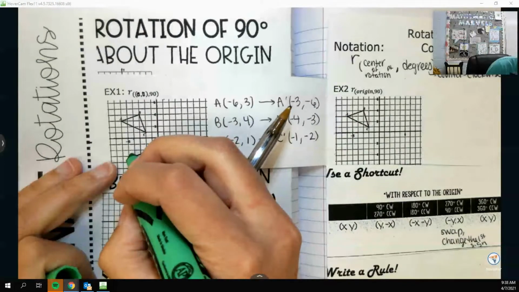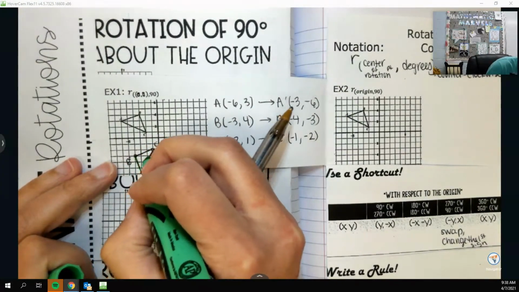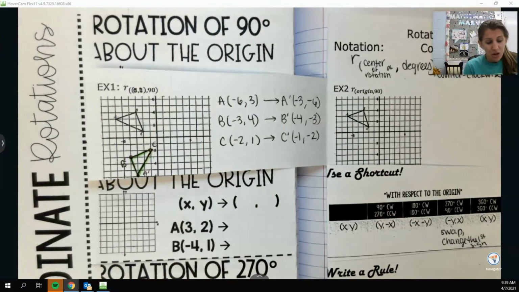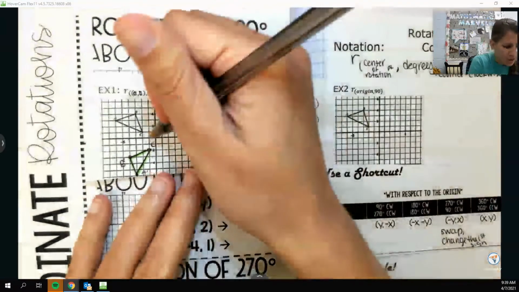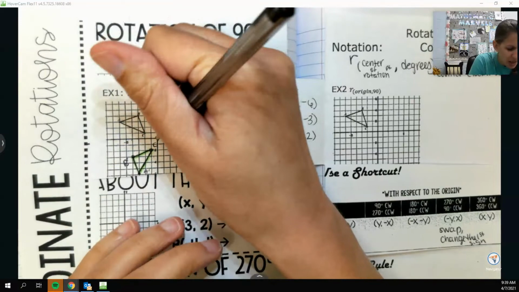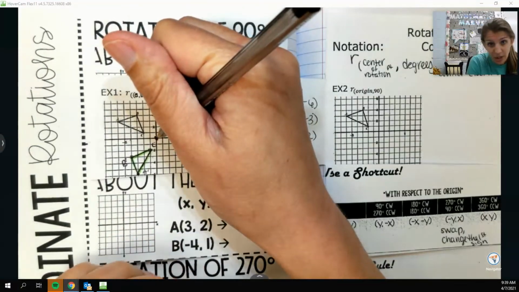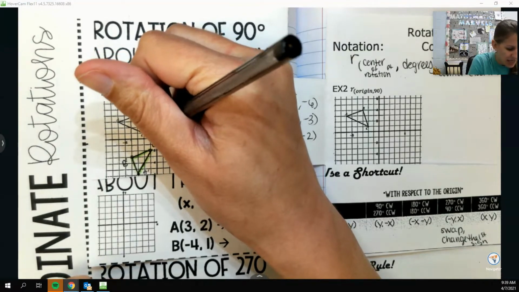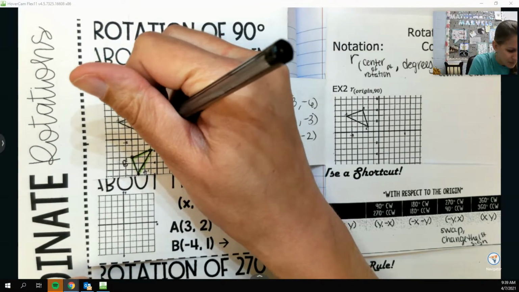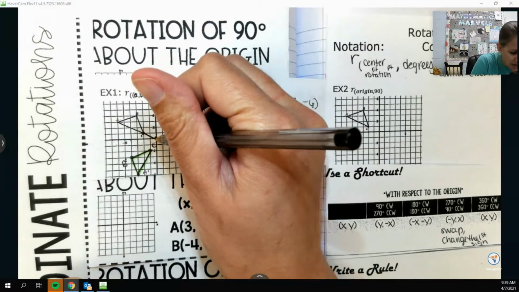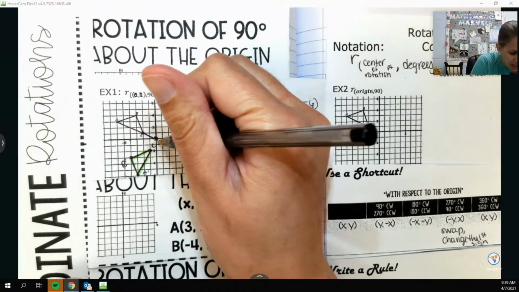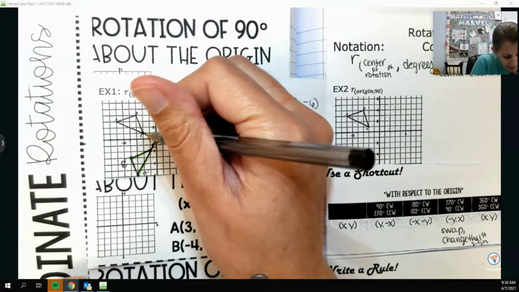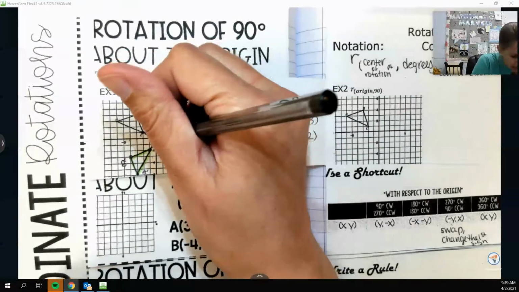Now the other thing that I do want to point out is kind of how to know that you're right. So if I go from the origin, because I'm rotating around the origin, and I connect a line to one of my points, so let's say I connect a line to C. If I then also connect the origin to C prime, the angle that I get between those should be 90 degrees.